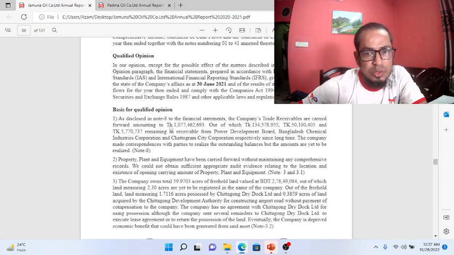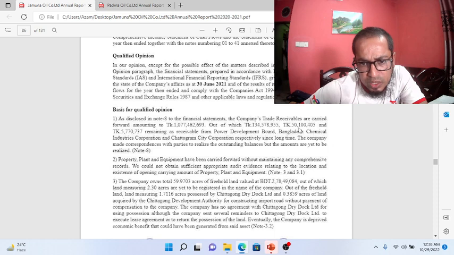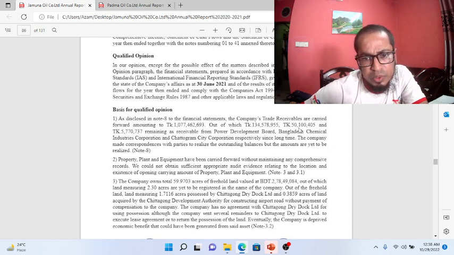Basis for qualification. This should be learned. As disclosed in note 8 of the financial statements, the company's trade receivables carried forward amount to 107 crore 74,62,693 taka, out of which 134,578,955 taka, 50 million, 50 crore, and this 57 lakh remain as receivable from PDB, Chemical Industry, BSIC and City Corporation respectively since a long time.